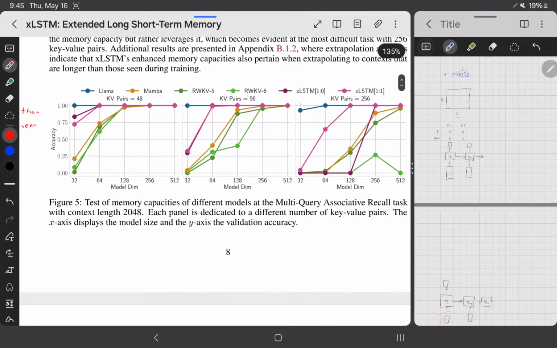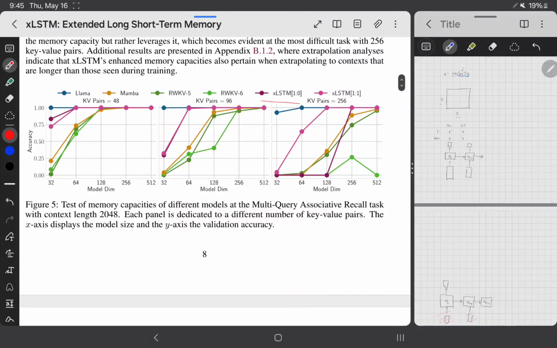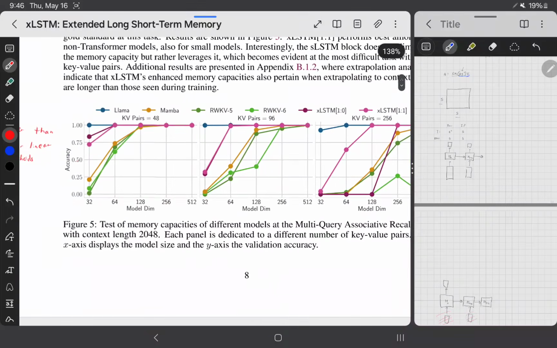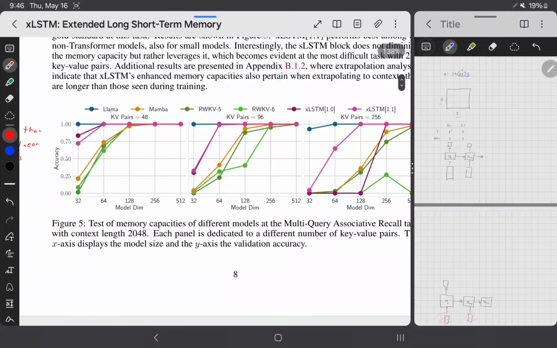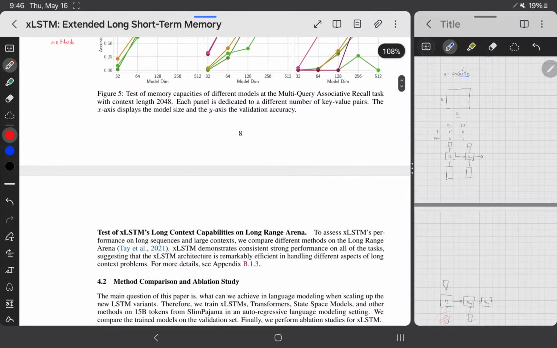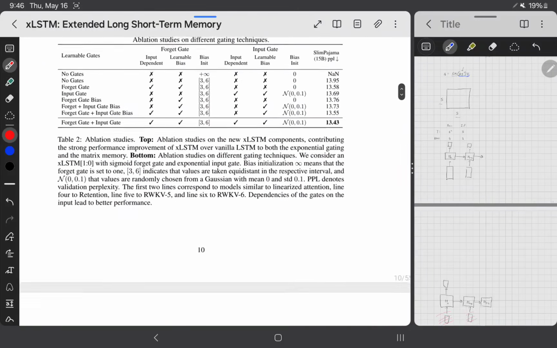If we look at the accuracy for xLSTM, this would be an mLSTM, and this would be an mLSTM and sLSTM. It does quite well overall. It's near Llama for most of these tasks. As you increase the model dim, the expressive power becomes better, and it can hold more information, being better at recall, as you would expect. So it does quite well on that task.